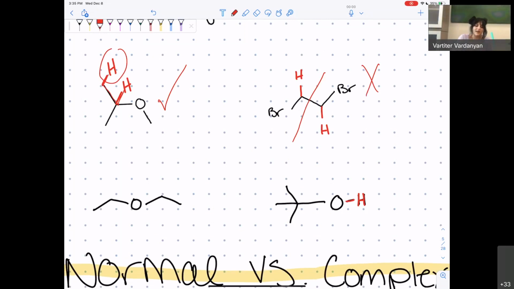The one on the bottom, again, exactly symmetrical. But this hydrogen and this hydrogen do split each other. So that does have splitting. This H and this H cannot split from one another because 1, 2, 3, too many bonds, and there's an O in the way. So this is not showing spin splitting.